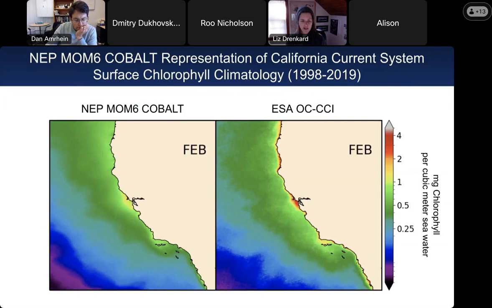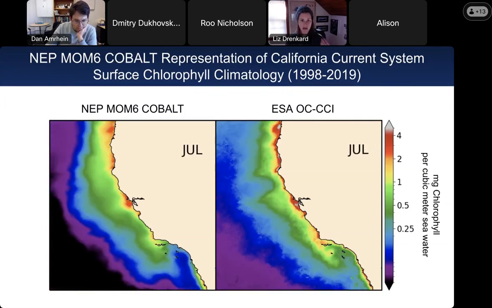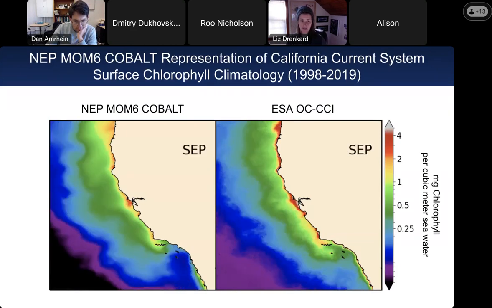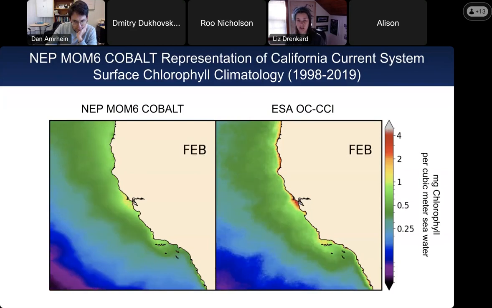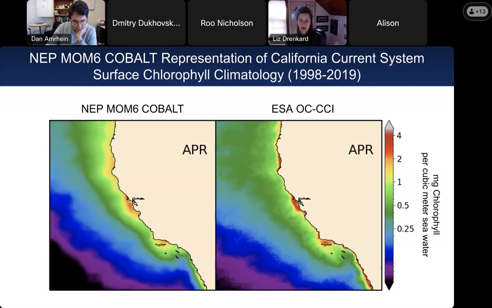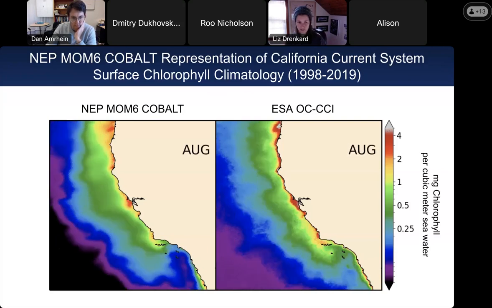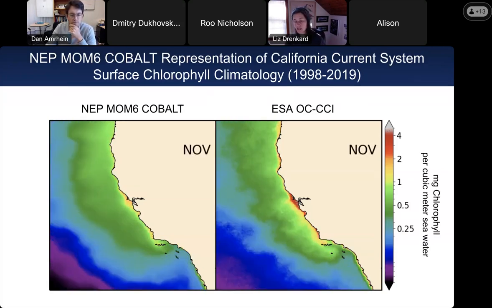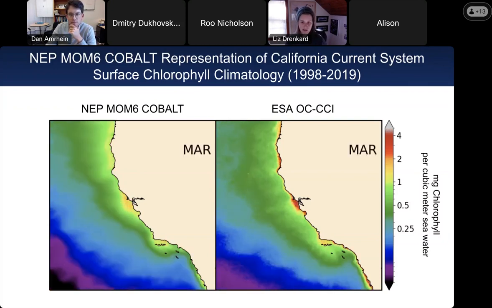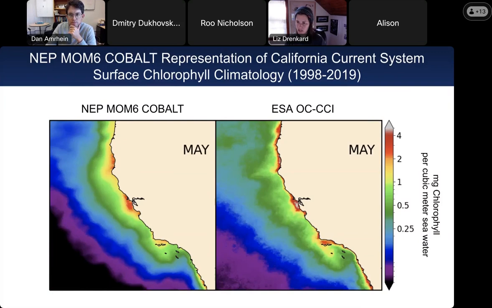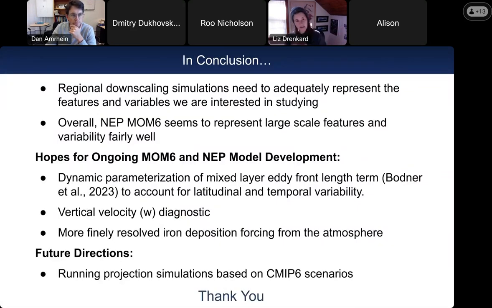This is more qualitative at present, but what we're seeing is reasonably good reproduction on the left using the NEP MOM6 COBALT output, comparing it to the satellite product that we're comparing against, in terms of the climatological chlorophyll signal that we would expect in the California Current. So pretty happy with that. We do have some updated output that we need to evaluate against, but it's looking good so far.